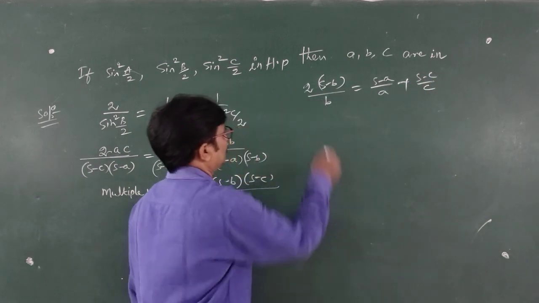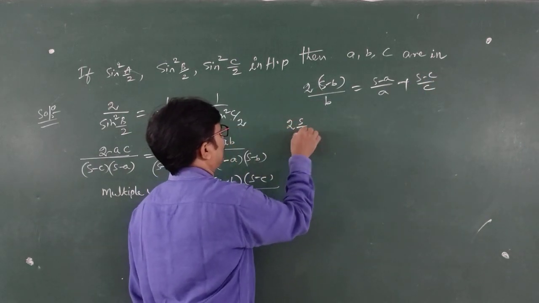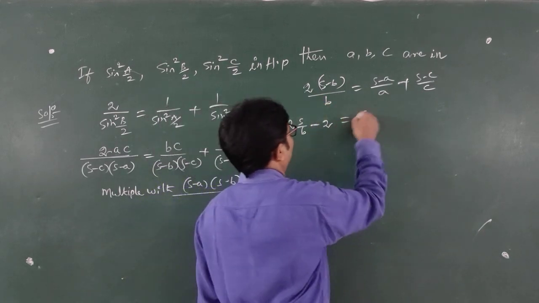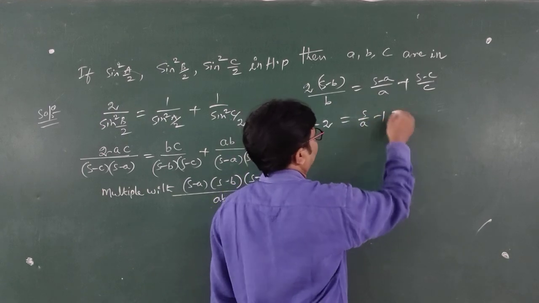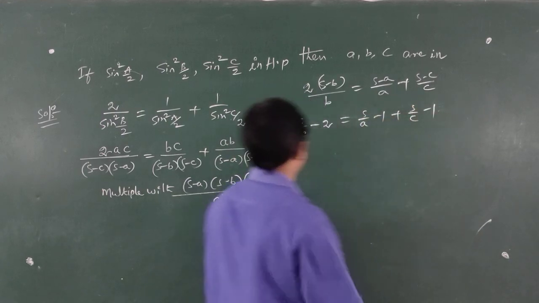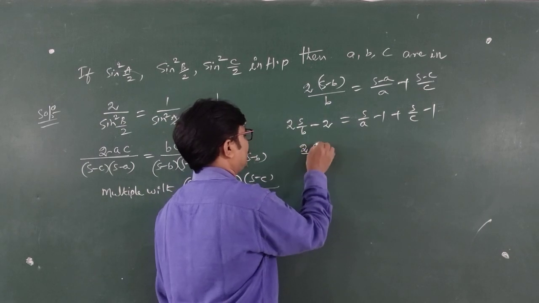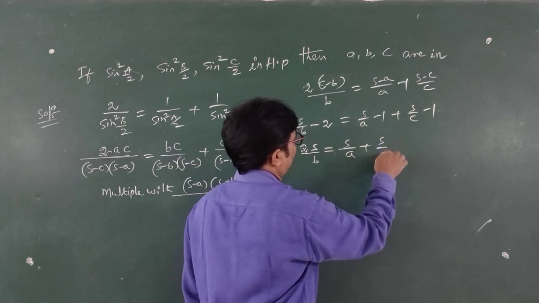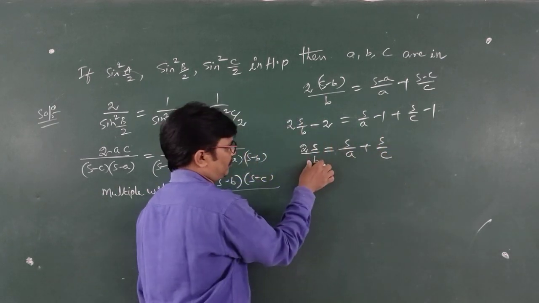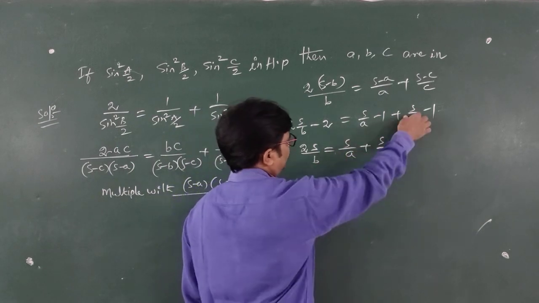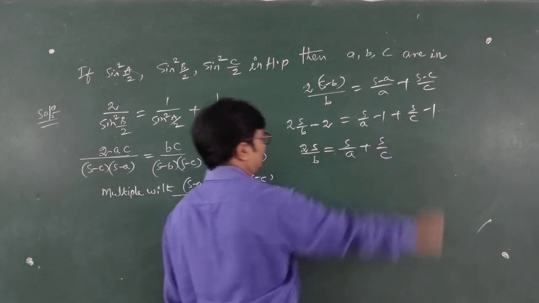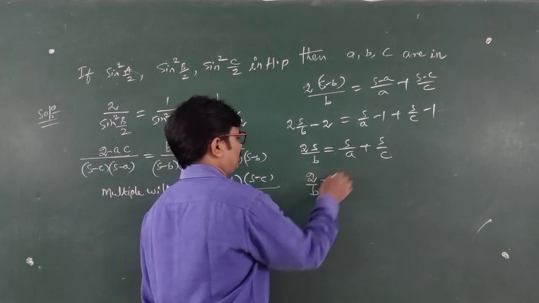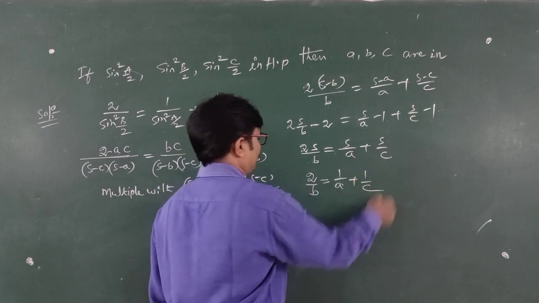This is written as 2s by b minus 2, then s by a minus 1, s by c minus 1. So 2s by b equals s by a plus s by c, minus 1 minus 1 minus 2, and the 2 cancels. Now 2 by b equals 1 by a plus 1 by c.